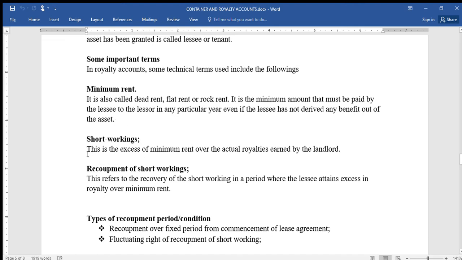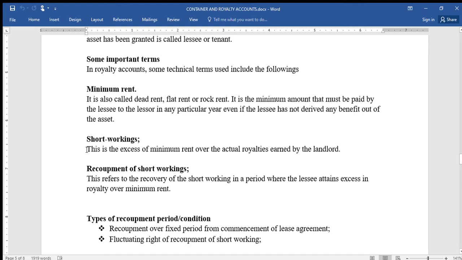Then the second term is short workings. Short workings is the excess of minimum rent over the actual royalties earned by the landlord. So in some particular years, maybe the actual royalty that you're supposed to pay to the landlord is like 900,000, but you already gave a minimum rent that he is not supposed to receive any amount below 1 million.